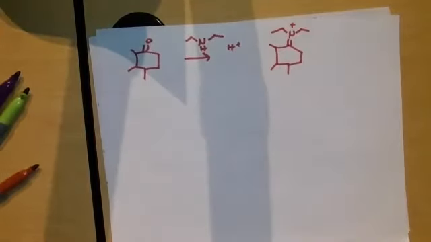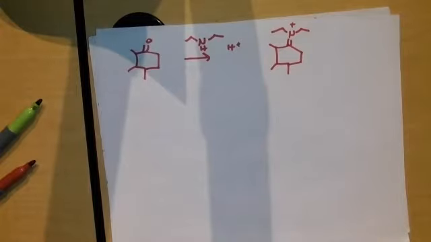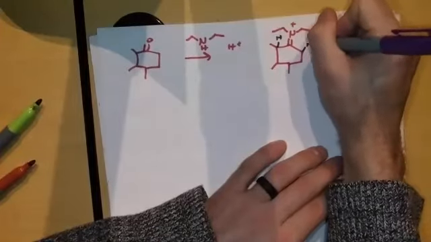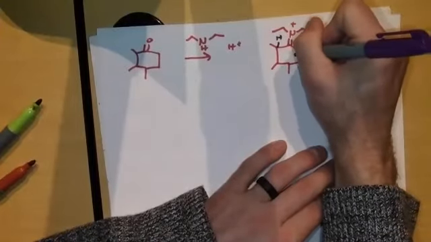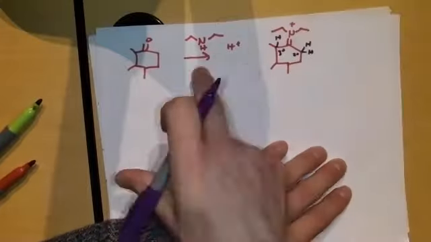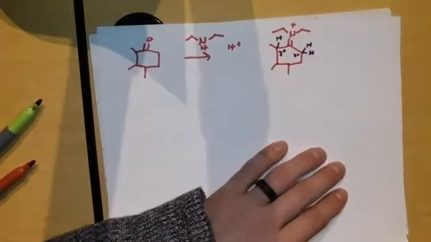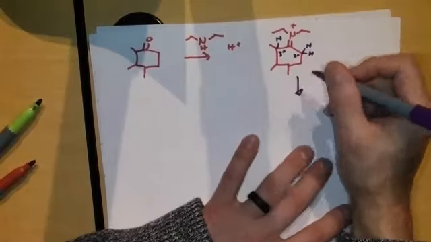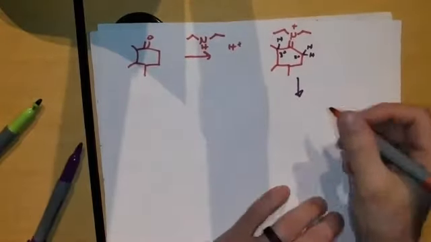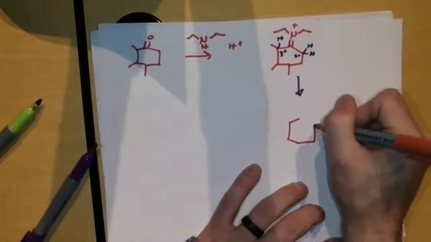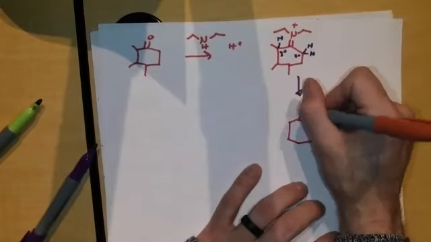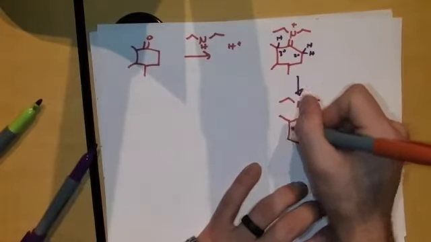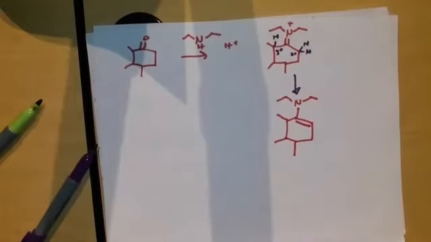We're going to need to pull off the proton in order to make this neutral. So we have two different alpha positions. One of them is secondary, one of them is tertiary. This is a pretty large base, so it's going to end up pulling off one of these primary positions, in order to make this enamine.